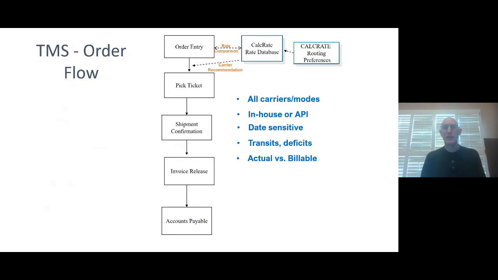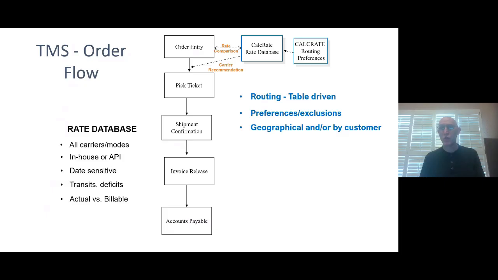And as you see the dotted lines between the ERP and the database, you'll see some out-of-the-box integration, mature capability that's been around a long time, which allow your customer service agents to rate shop, your customers to go into your catalog to rate shop, the system to recommend carriers based upon your rules, which might include rules that you've defined in our routing tables as opposed to in your customer master file.